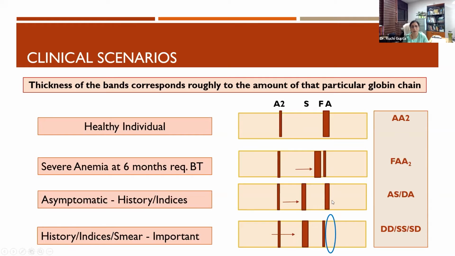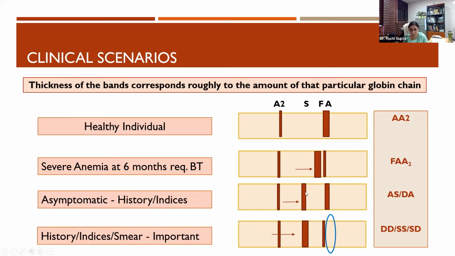If this is the pattern which is coming for maybe a 20-year-old patient who is asymptomatic, I need to know a little more about the history. I need to know the indices, because this is the region where we can have S, D, G, and so on.